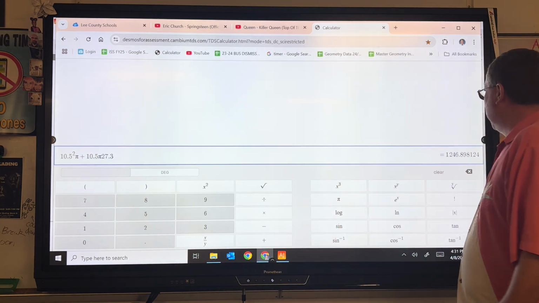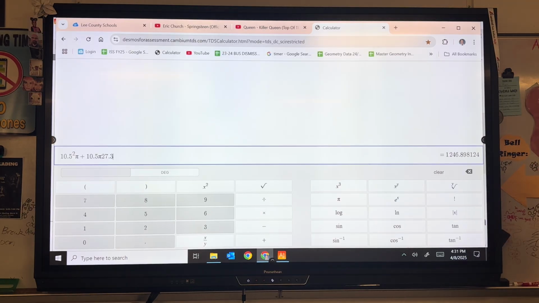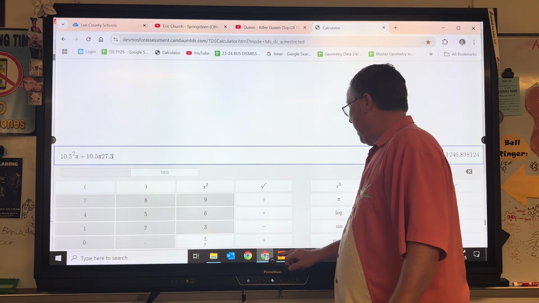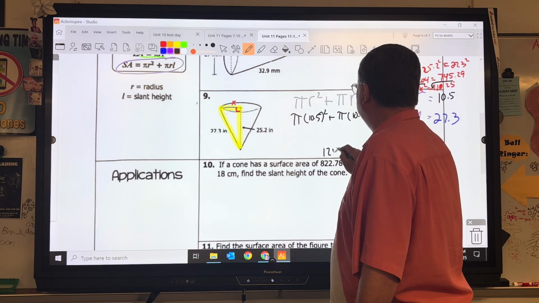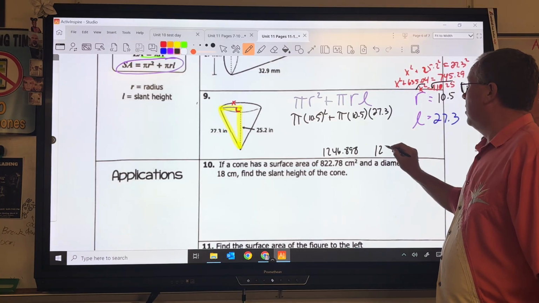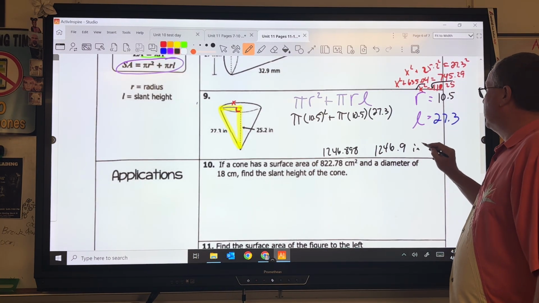I'm multiplying all of that together, and that gives me a great big answer of 1,246.898. So that's going to go to 1246.9, and that would be inches squared.